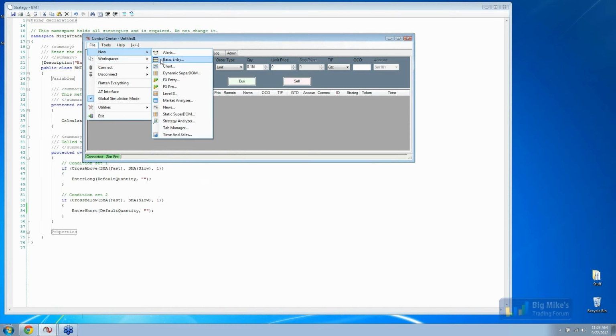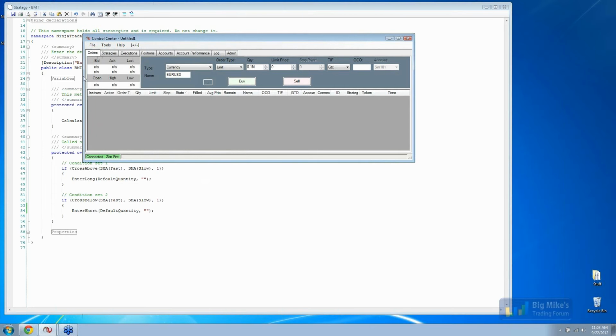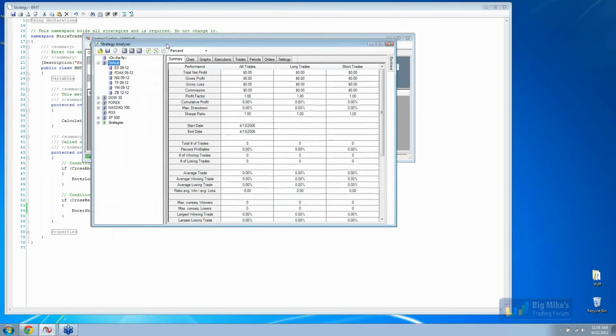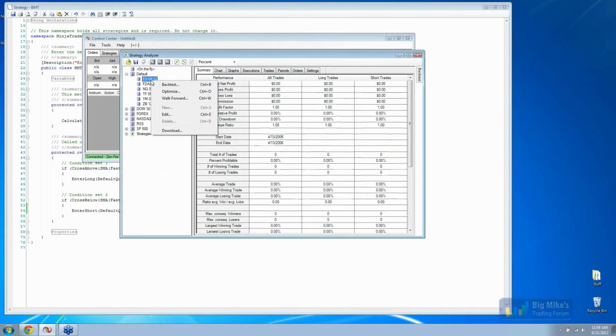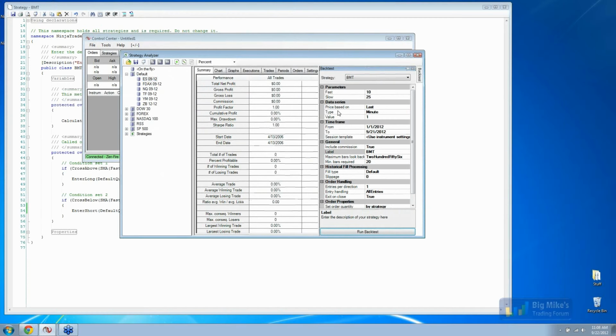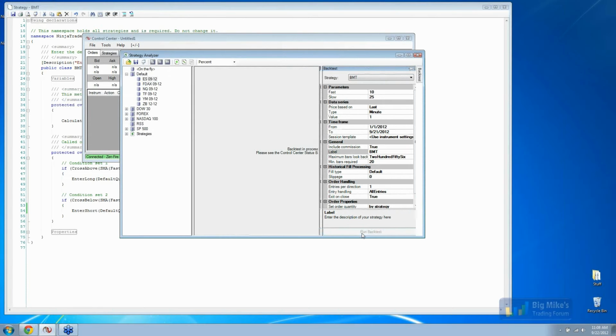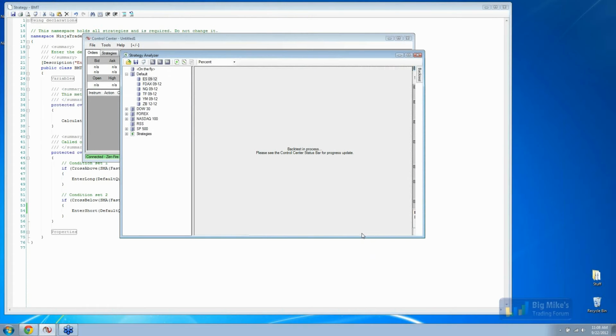I'm going to connect, and then open up my strategy analyzer. From here you can select whatever instrument you want to backtest on, and I'm just going to backtest it on about 9 months of data, and click run. In a few moments we should be able to see a baseline of what our strategy does.